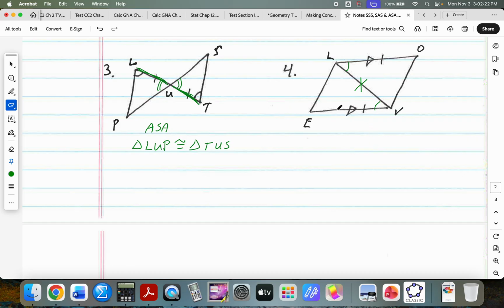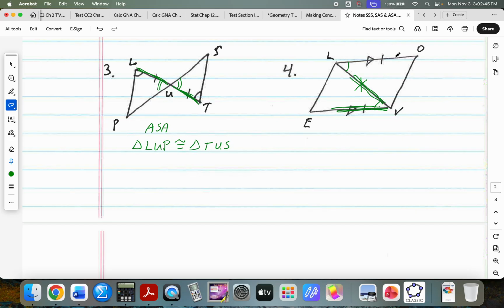Now let's look at what we have. In this triangle, we've got one angle congruent to this other one, and two sides that are congruent to the other triangle. So two sides and an angle. Is the angle between the two sides? Yes.